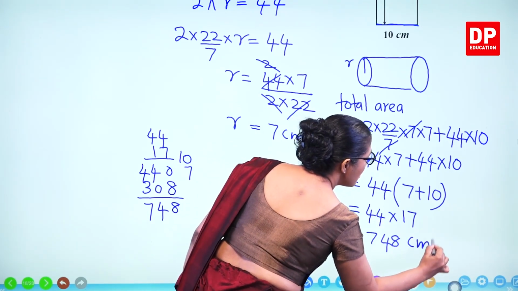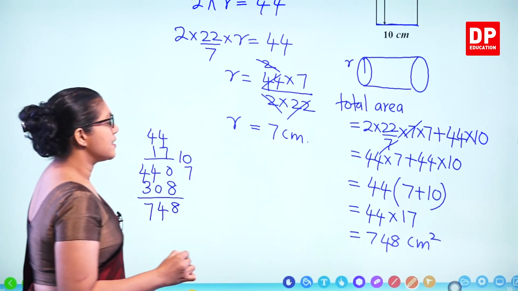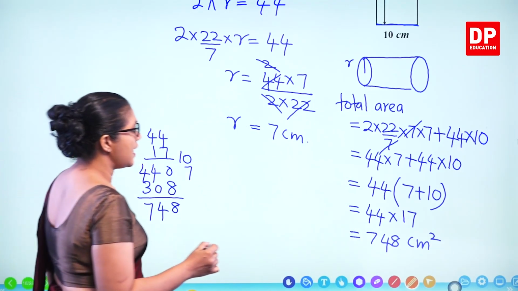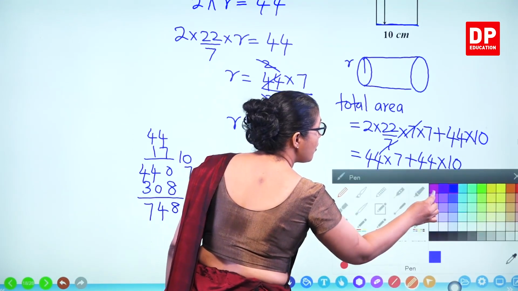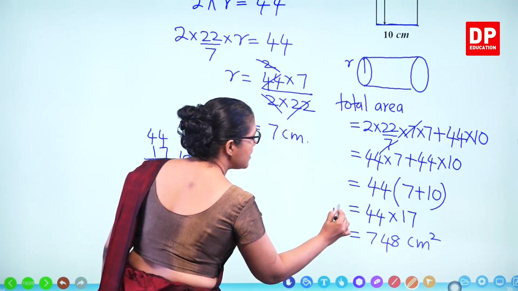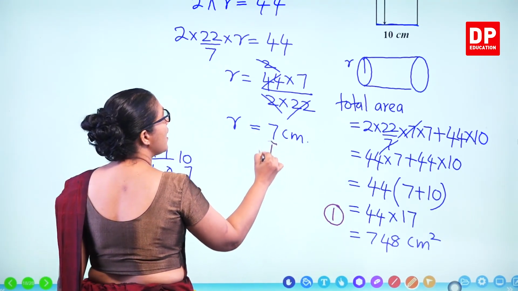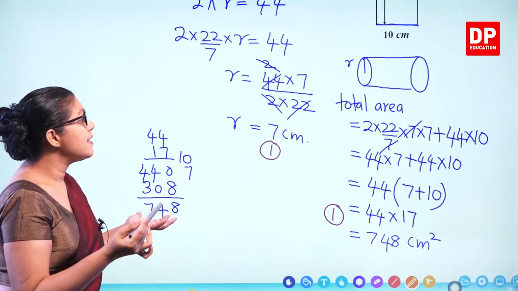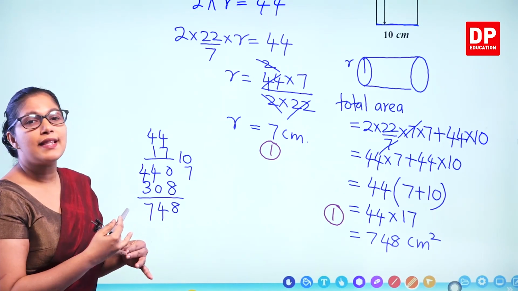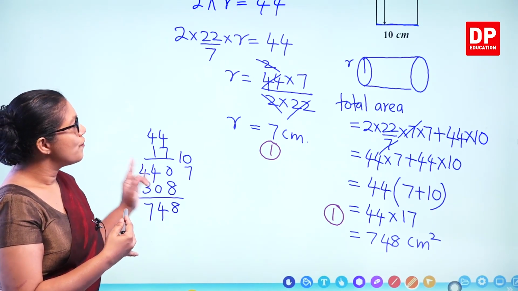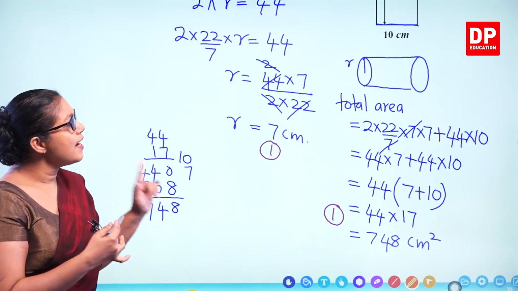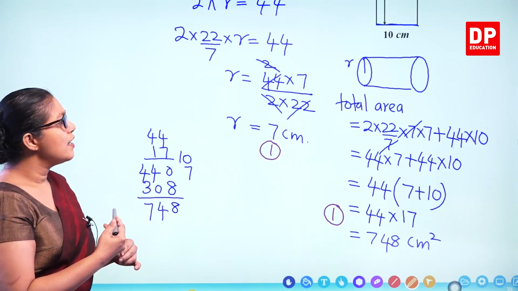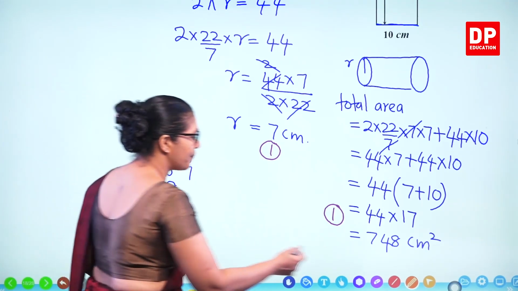This is in square centimeters. So 748. So you get 2 marks. 1 is for the answer and 1 is for the method. Here, the most important thing in this question is finding the radius. So first you have to find the radius and then only you can find out the total area.